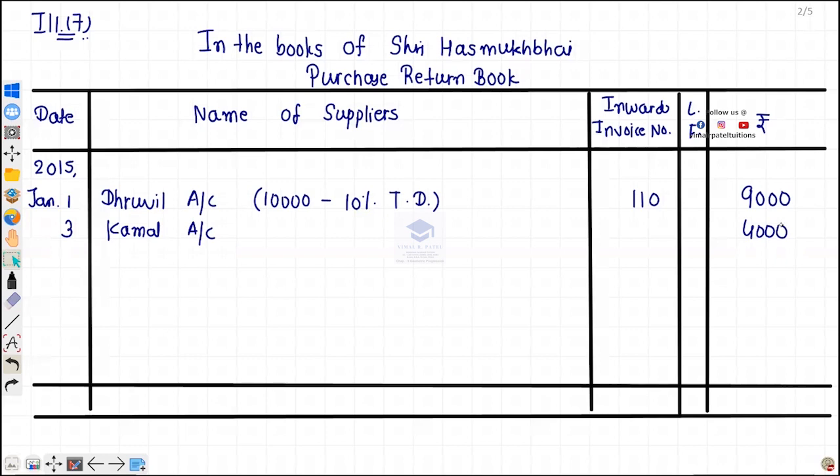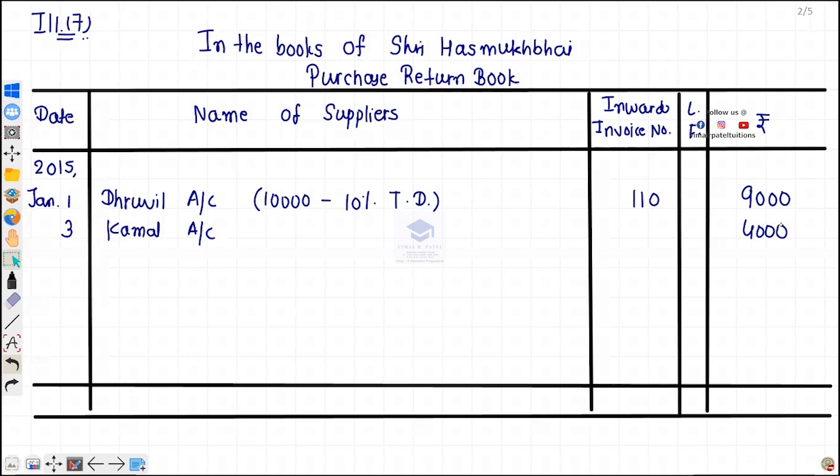Then 7. Sold goods of 8,000 to Sajan at 5% trade discount and 2% cash discount. Invoice number 90. Here also we will consider only trade discount, since the goods have been sold to Sajan, specifically mentioned. So it is a credit transaction.